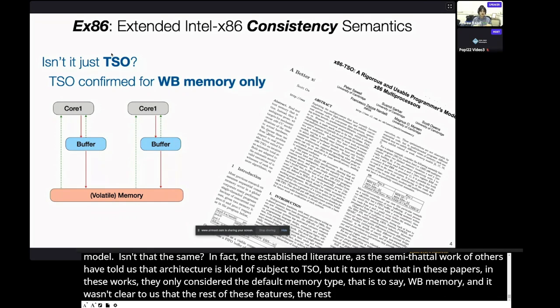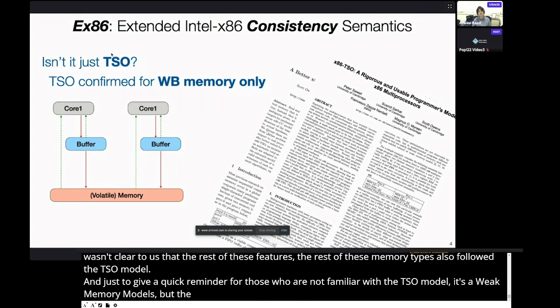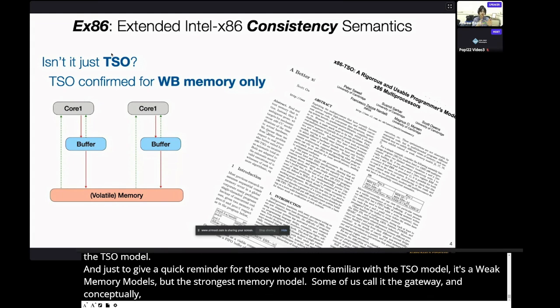And just a quick reminder for those who are not familiar with the TSO model, TSO is a weak memory model, but it is the strongest weak memory model. Some of us call it the gateway weak memory model, as it were. Conceptually, you can think of it in an operational way as follows, where you have multiple CPU cores here, and of course, the shared memory at the bottom.